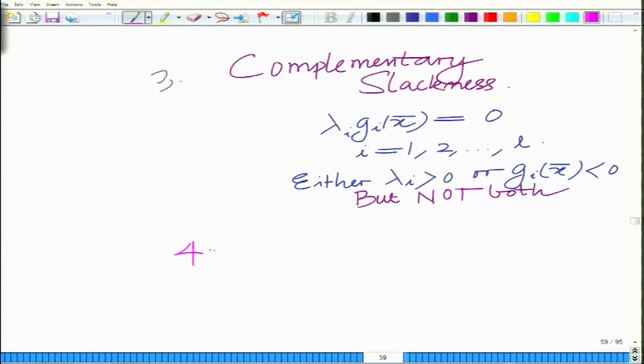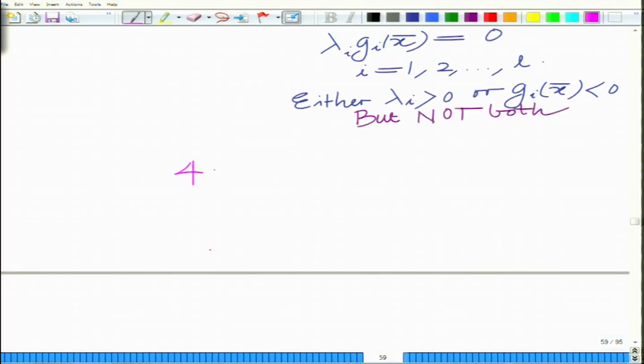And finally, since x bar is the infimum, or at x bar you have the minimum of the Lagrangian function, the gradient with respect to x bar of the Lagrangian of x bar, lambda bar, nu bar must vanish at this point x bar.